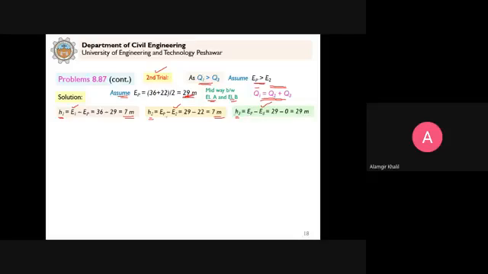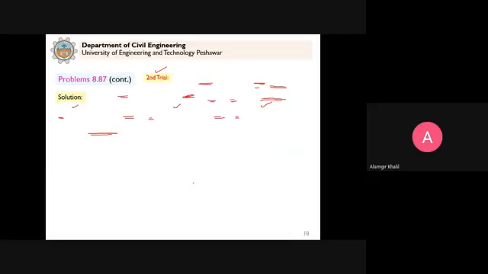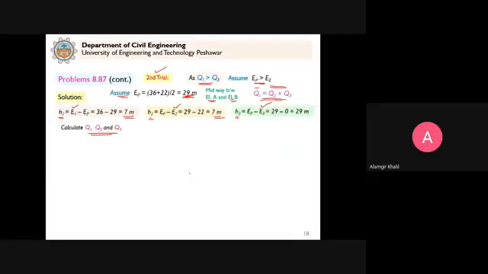So now that we can calculate these, we can calculate Q1, Q2, and Q3. Clear? Using this equation that I showed here, we can calculate the three discharges. H1 we put here to calculate Q1, H2 we put here with the rest of the data to calculate Q2, and H3 with the rest of the data for pipe 3 to calculate Q3.